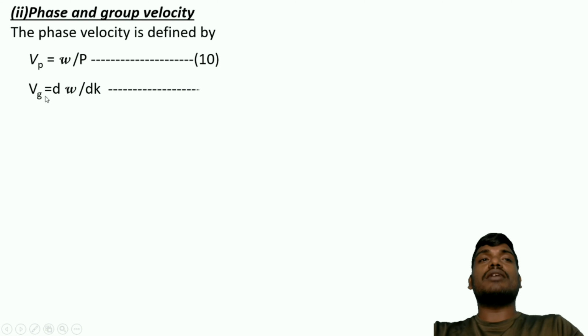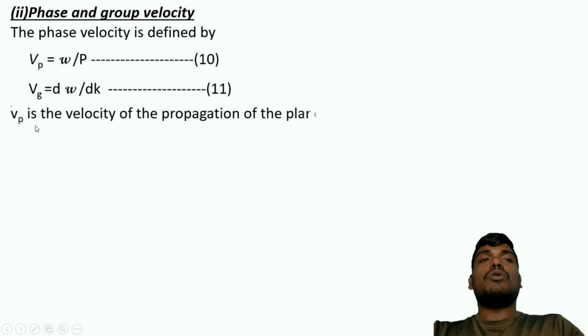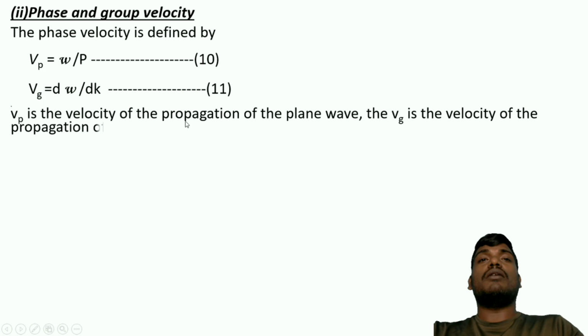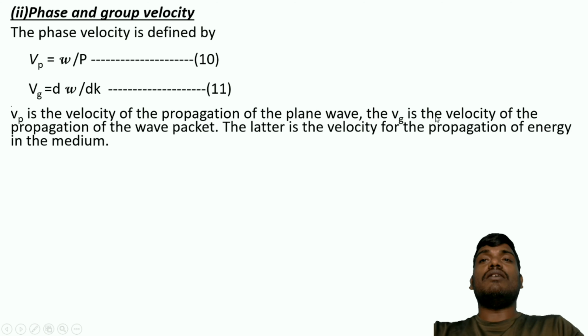And the group velocity is d omega by dk, equation number 11. Vp is the velocity of propagation of the plane wave. Vg is the velocity of propagation of the wave packet. This is the simple difference between a plane wave and a wave packet.